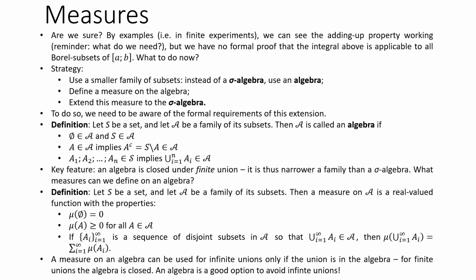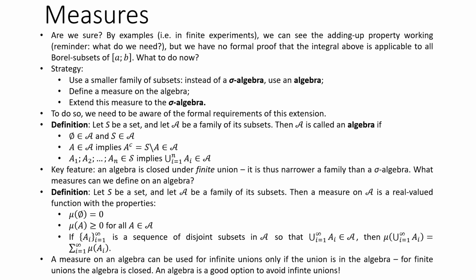A measure defined on an algebra can be used for infinite unions only if the union is in the algebra, because a sigma-algebra is closed under infinite union. So we didn't need to pay attention to the question of infinite unions. If there is a sequence of subsets in a sigma-algebra, their infinite union must be in the sigma-algebra, because the sigma-algebra is closed under infinite unions.